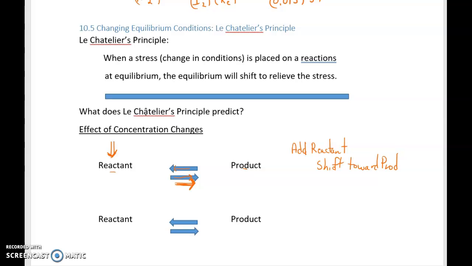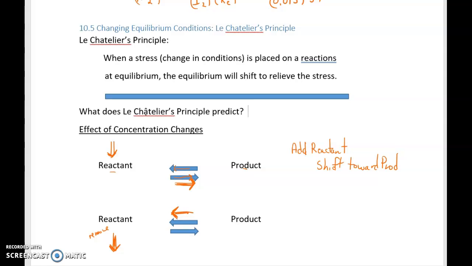But what if I remove some of my reactant? So there's less reactant present. These start in equilibrium, but if I remove some of the reactant, I'm going to slow the forward process down, and so the reverse process will be faster.